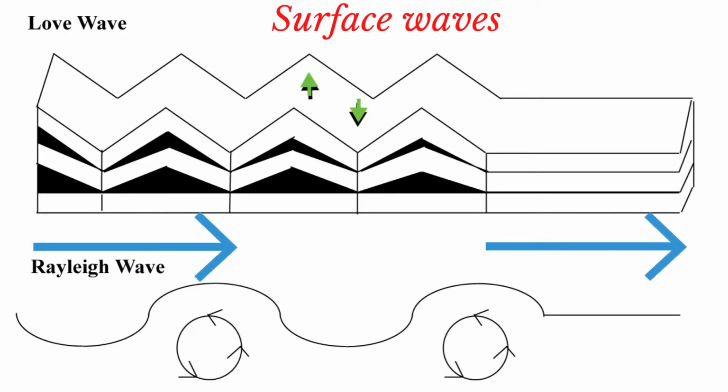Surface waves are larger in amplitude and longer in duration than body waves, but they move more slowly. As such, they arrive at seismograph stations after the arrival of P and S waves.